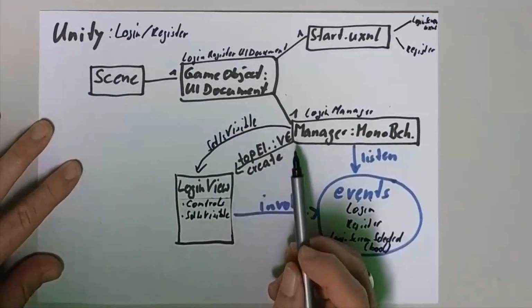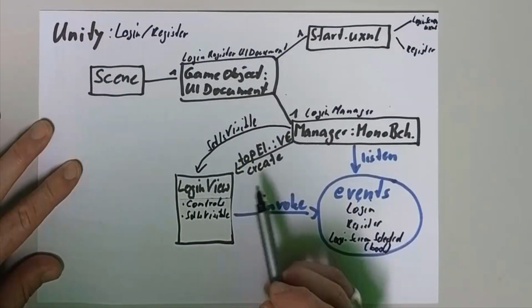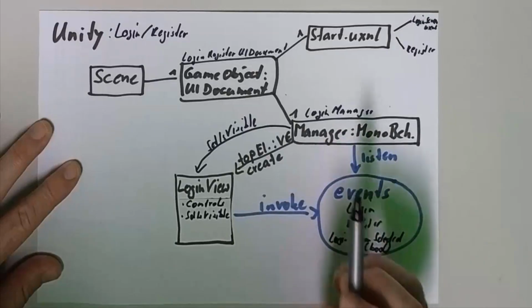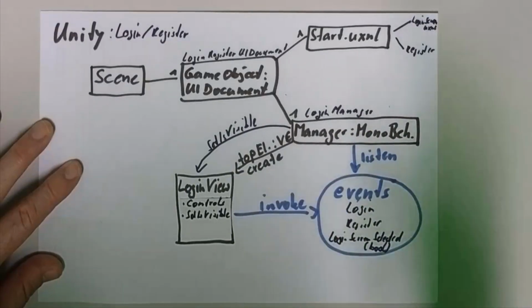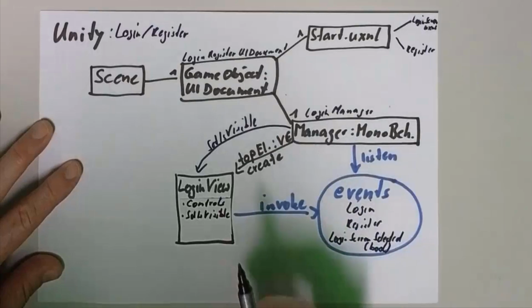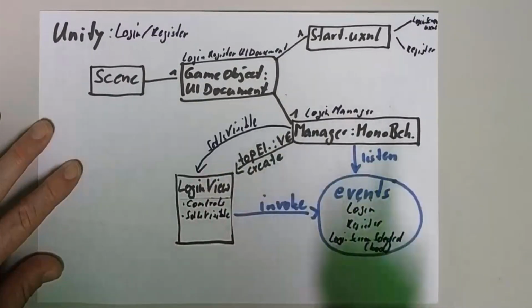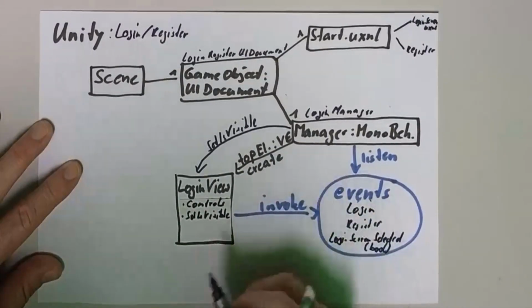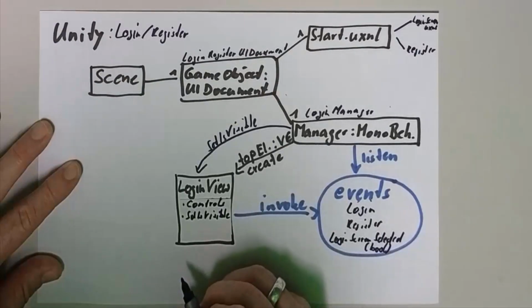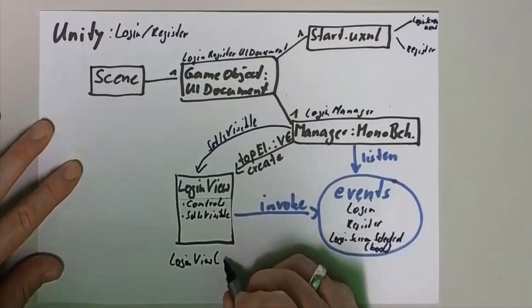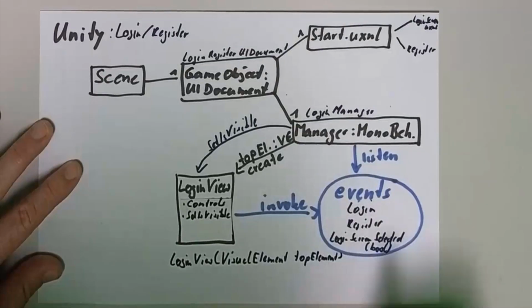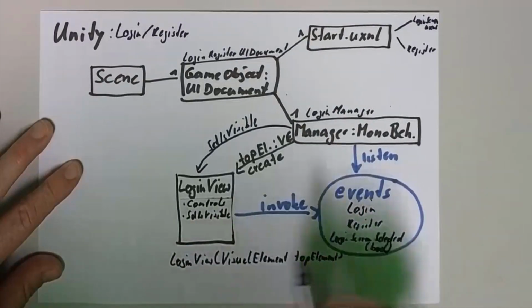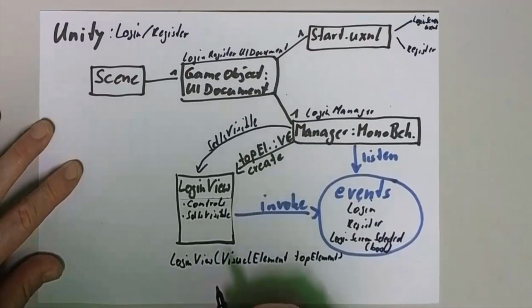And the login view is created by the login manager with the top element of type VisualElement, which holds all the controls of the login view. So we have a constructor which takes a VisualElement, which we call top element, and will be a member of our login view.